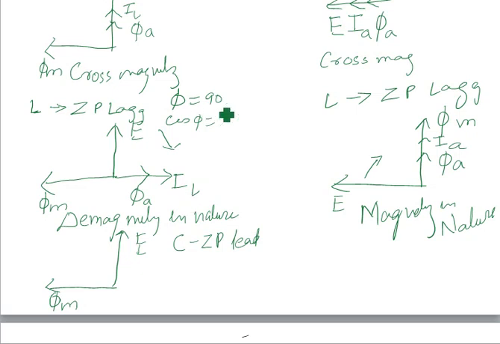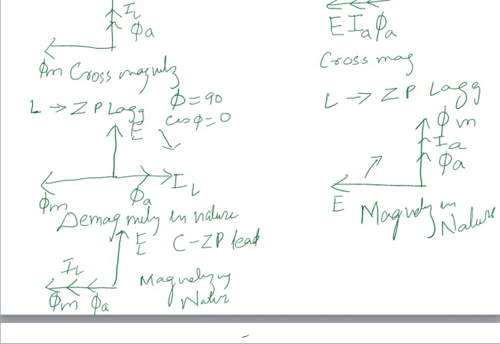The angle between voltage and current will always be 90, but we can specify that for capacitive the current leads, and for inductive the current lags. So in a similar position of E, here the current IL leads, and this IL will develop phi A, and that phi A has a magnetizing nature.